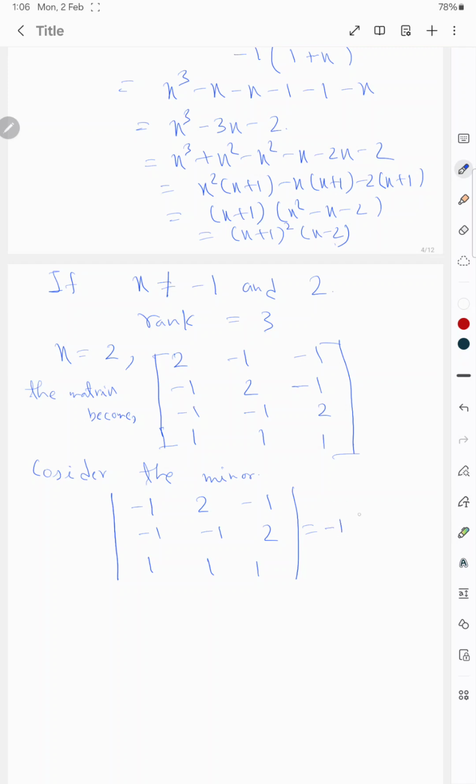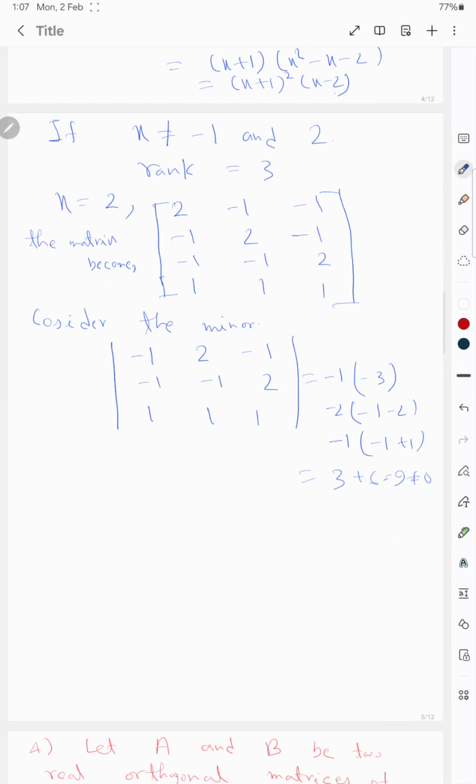Minus 1 into minus 1 into minus 3, minus 2 into minus 1 minus 2, minus 1 into minus 1 plus 1. So this is 0. Above you have 3 and, I think, plus 6, like 9, not equal to 0. So rank is 3, right? Now you have to check for x equal to minus 1.